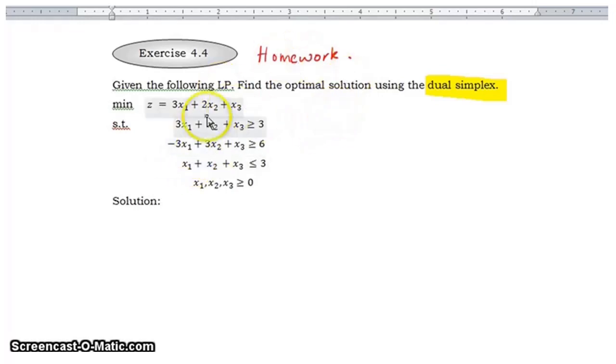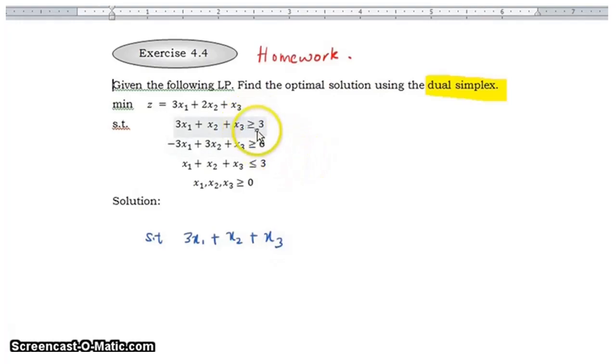This is because, let us transform this problem to standard and tableau form. First write the constraint. We have, subject to 3x1 plus x2 plus x3.